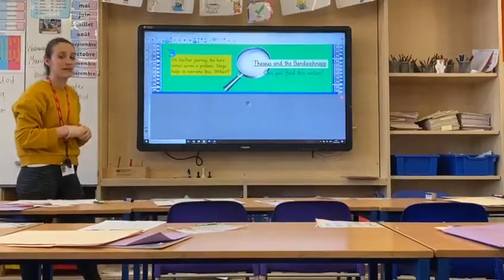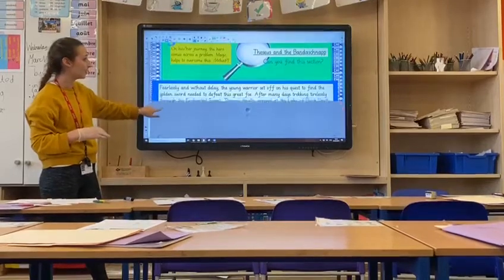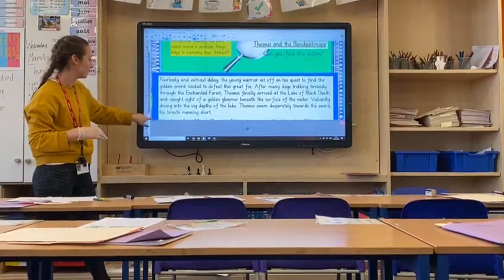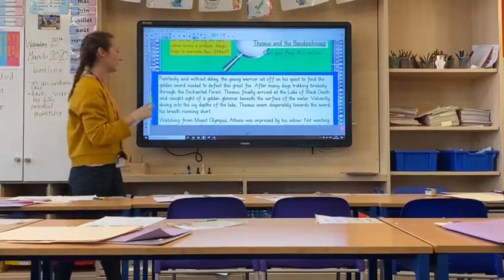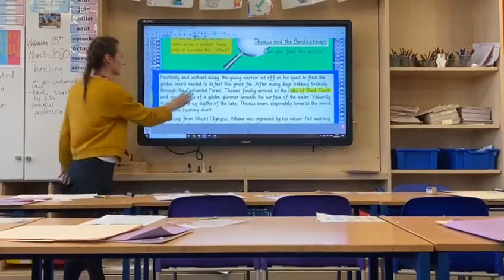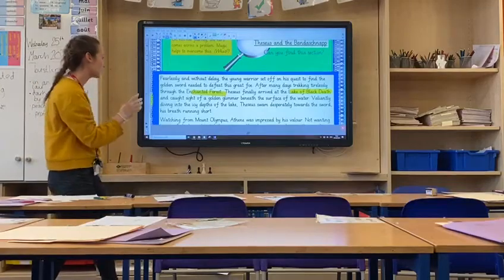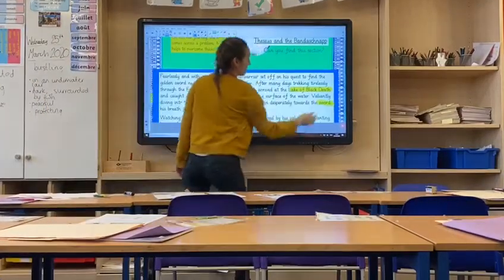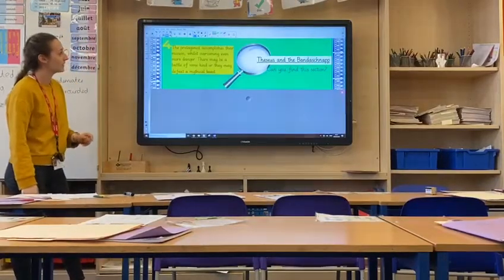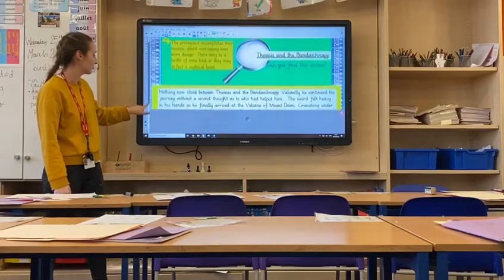Section 3, this is where the hero comes across a problem and there might be some kind of magic that helps them. So he arrives at the Lake of Black Death, he goes through the enchanted forest, and he's got a sword that's going to help him with his mission. That's section 3. Section 4 is where they accomplish their mission, overcoming even more danger.